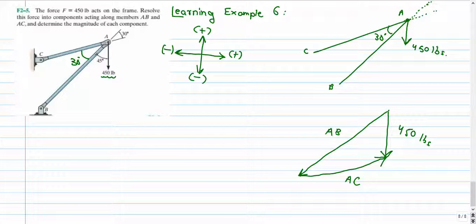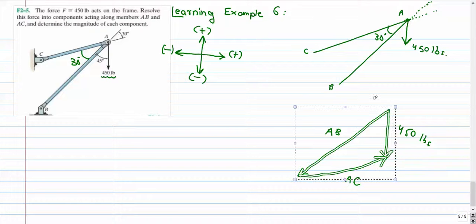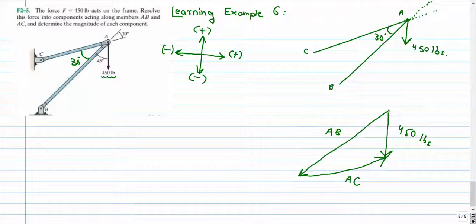And be careful that you need to follow the head to tail rule, which basically means that the resultant vector should start from the tail of the first vector and should end at the tip of the second vector, just like here in this triangle.